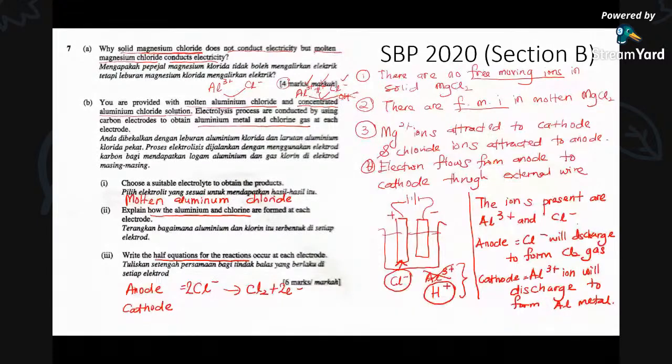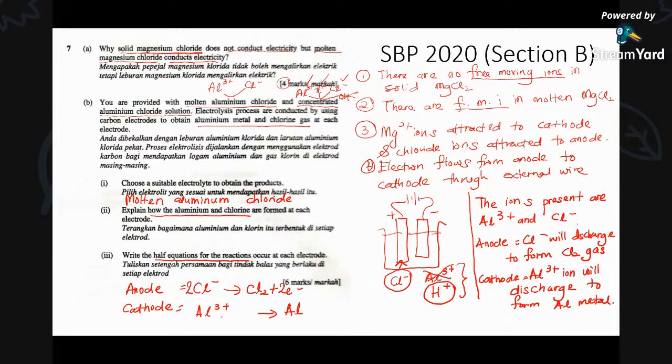The charge is -2 on the left and 0 on the right, so you have to add 2 electrons. At the cathode, Al3+ will become Al, so you have to add electrons on the left hand side to balance.